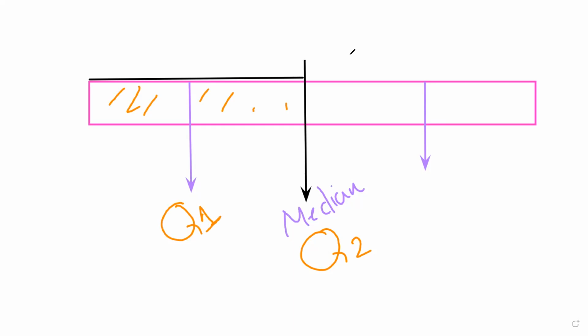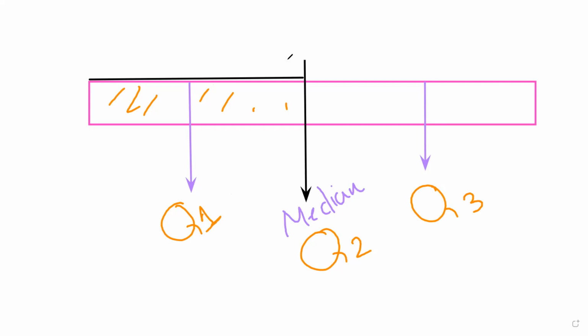And the same for the second half. The point that cuts the second bar into 2 equal halves, we call Q3. So this is Q1, this is Q2, and Q3.